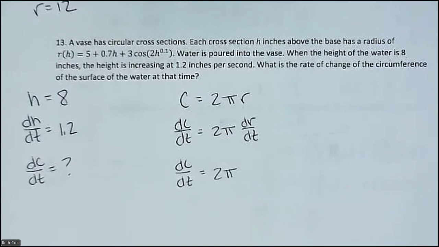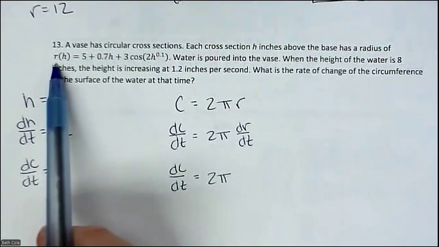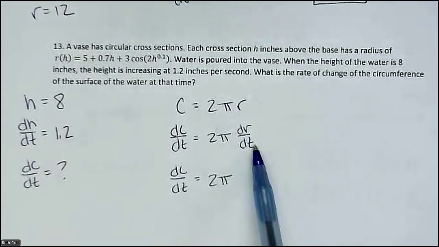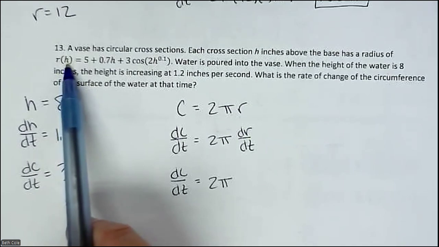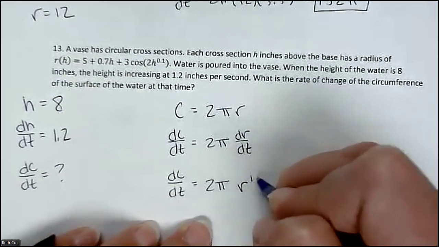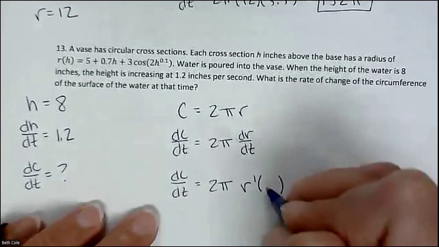Up until now, I feel like everything in this problem was pretty straightforward. We need dr/dt. We have r, but it is not in terms of time. See how this is r and this is t? R is actually in terms of h. So what we're going to have to do is r prime of h, which they gave us. What is h? 8.